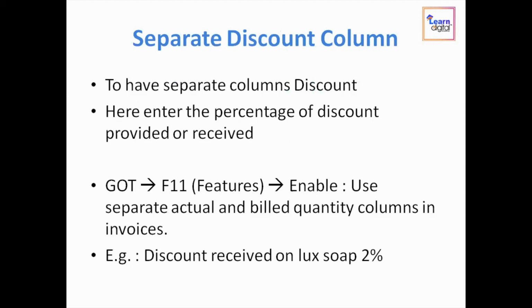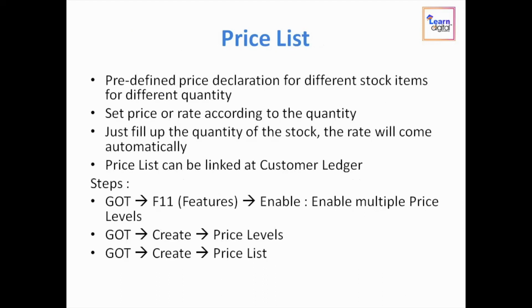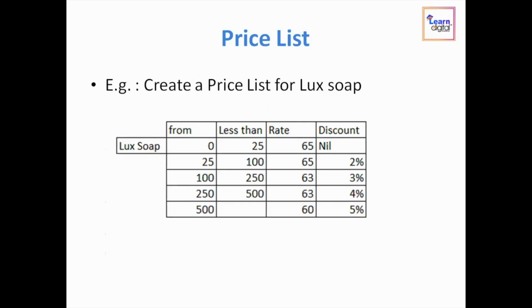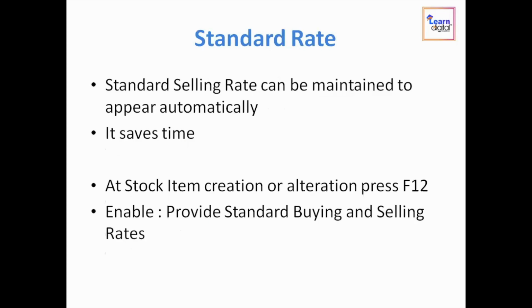Price list can be created for different stock items, where the rate can differ depending on the quantities to be sold, or you can offer the discount also. Instead of creating price list, we can have a standard rate also. We can create standard rates for selling purposes.